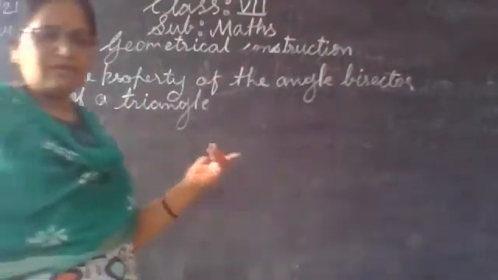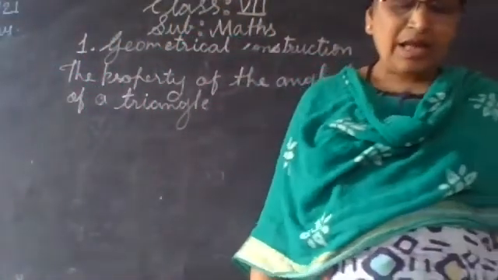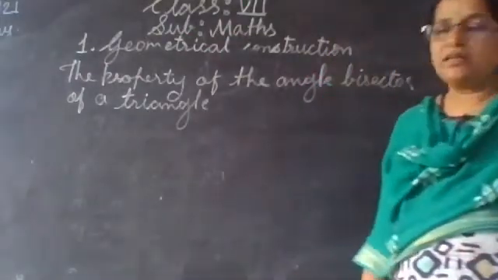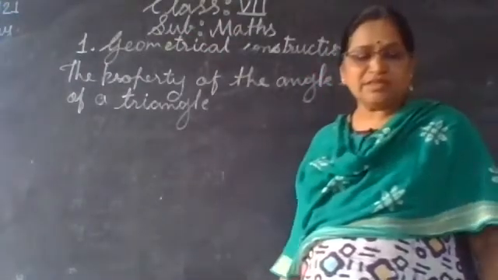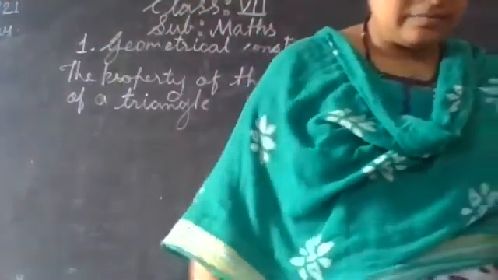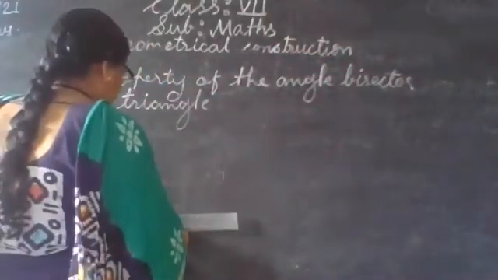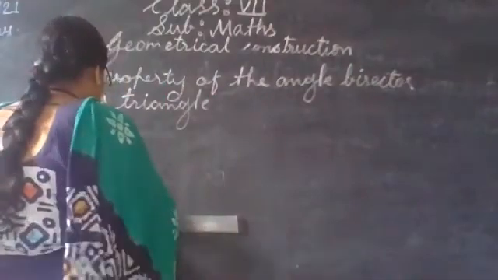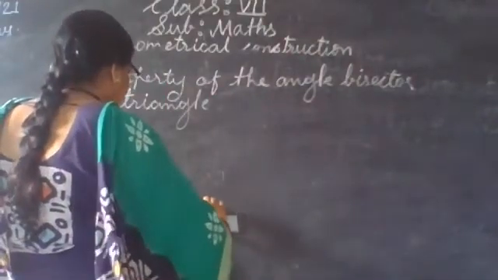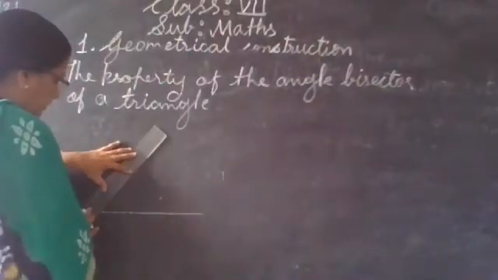So here we will draw an acute angle triangle and we bisect its angles, all the 3, and see what the property is. Now very first we will draw a triangle. Acute angle triangle.